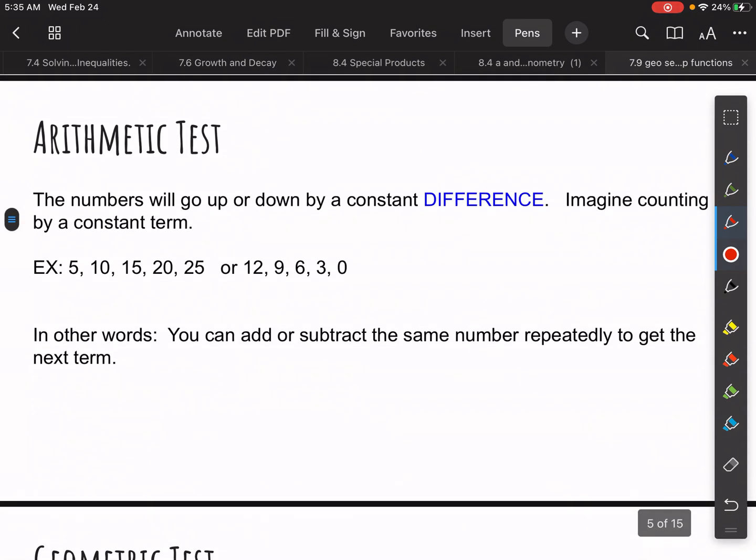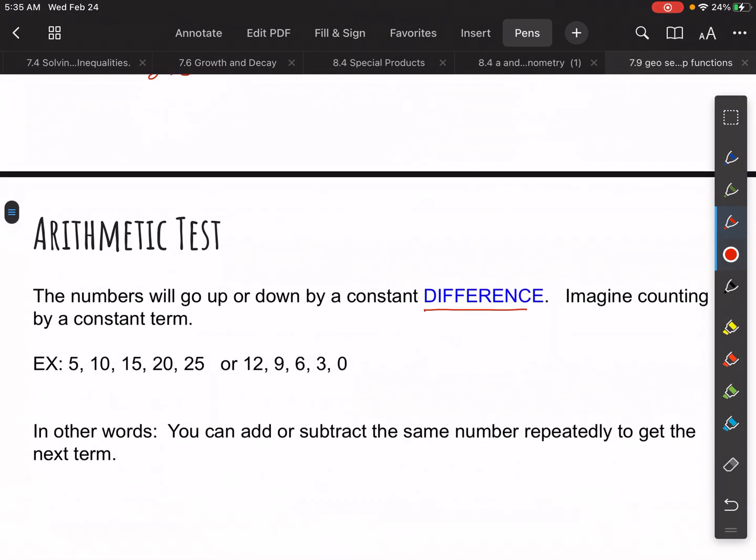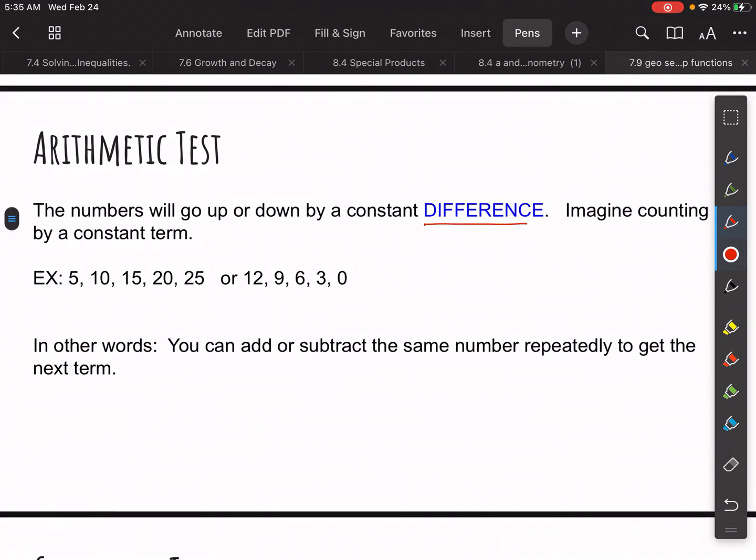Okay, so then the arithmetic test, the numbers will go up or down by a constant difference. Imagine counting by a constant term. So with geometric versus arithmetic, it's kind of funny that they have that spin off that word, but anyway, imagine counting by a constant term.